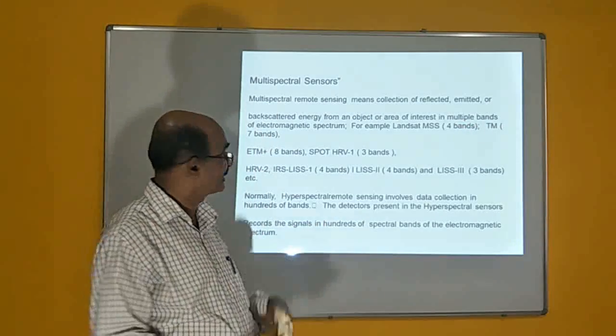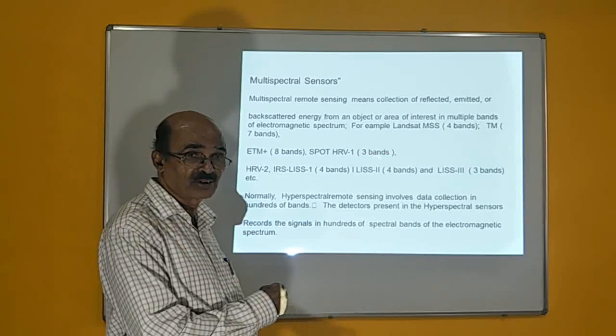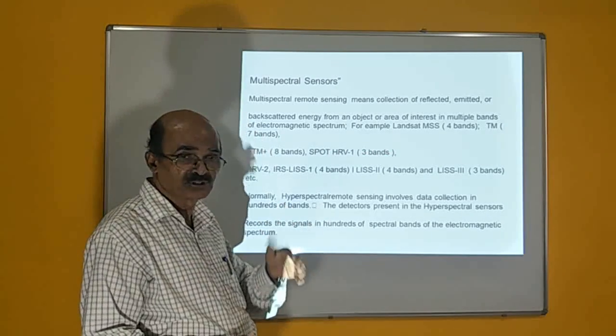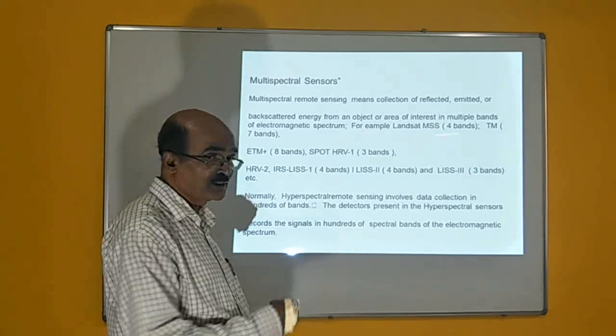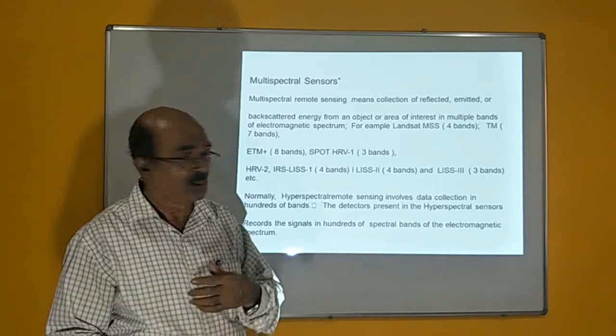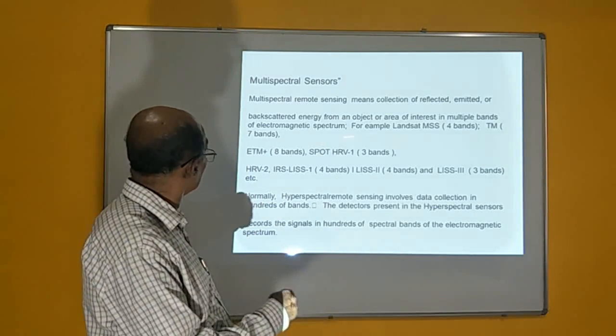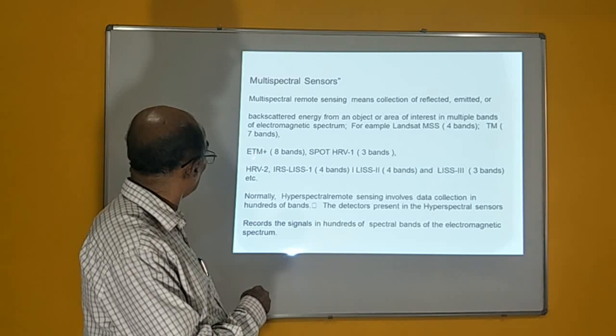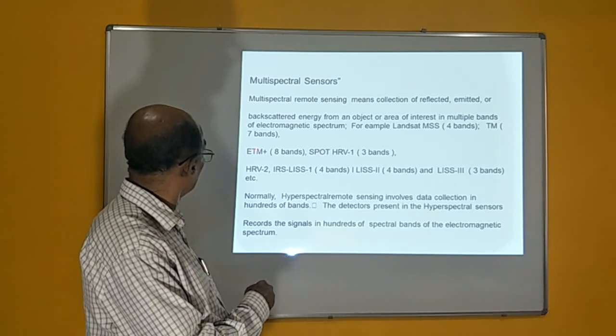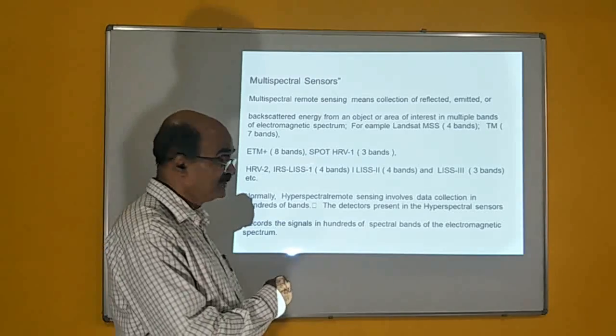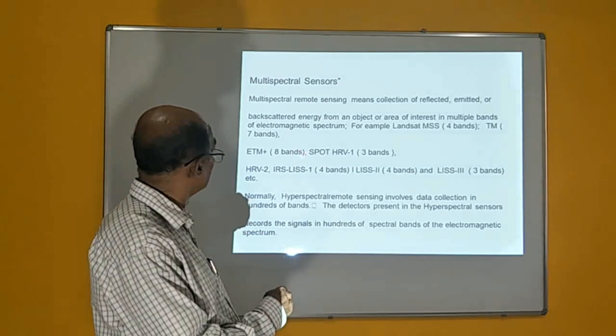Whereas thematic mapper collects the data in 7 different spectral bands, of which 3 are in the visible region, 1 in the near infrared, 2 in the shortwave infrared, and 1 in the thermal region of the electromagnetic spectrum. Like that we have the latest, the Landsat enhanced thematic mapper, which collects the data in 8 different spectral bands.